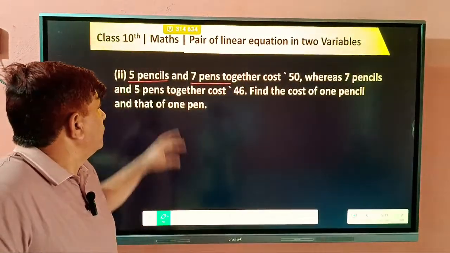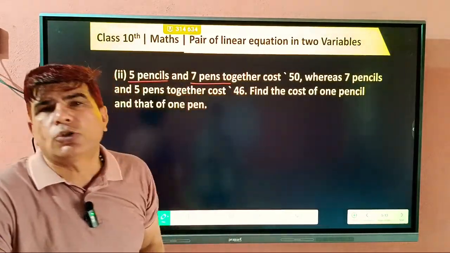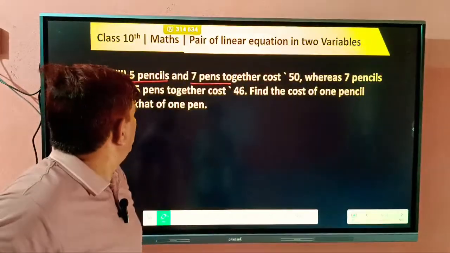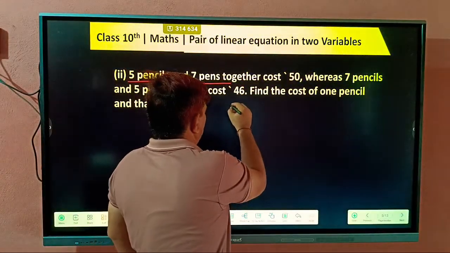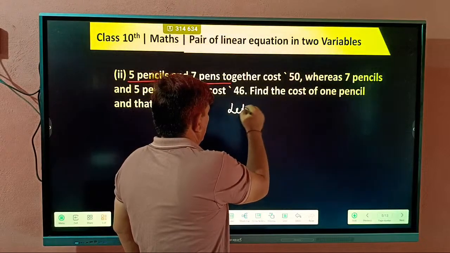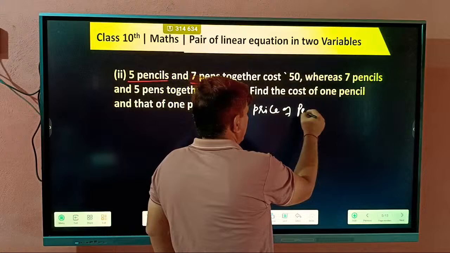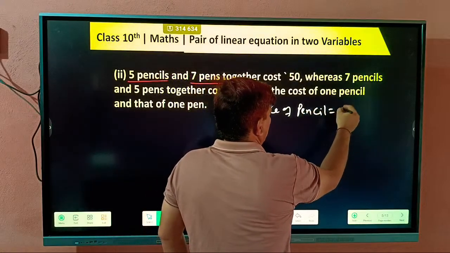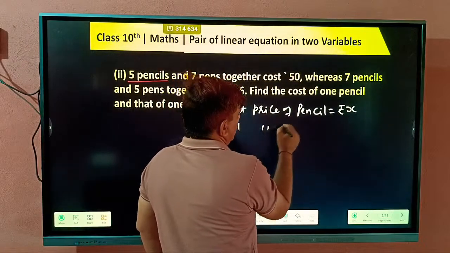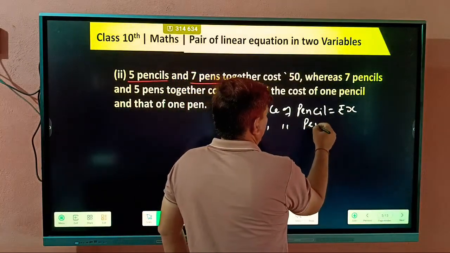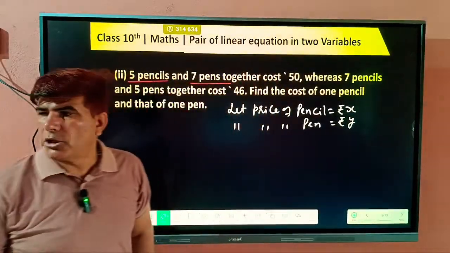So what's given? 5 pencils and 7 pens together cost rupees 50. So what we can say? Let the price of a pencil be rupees X. Similarly, let the price of a pen be rupees Y. Understood?